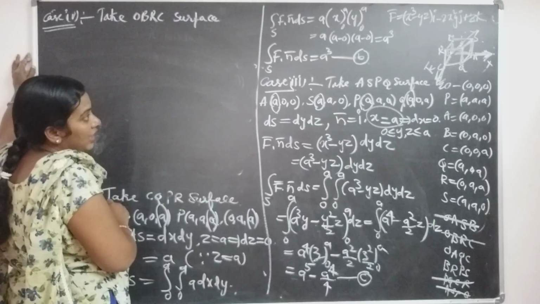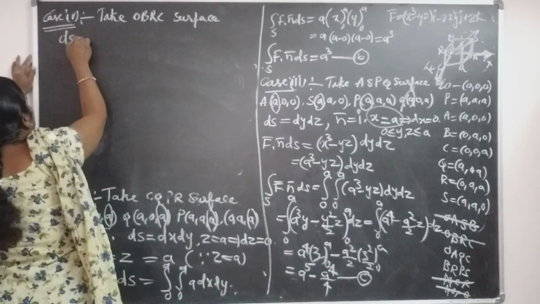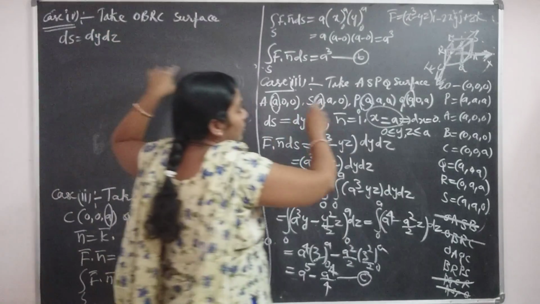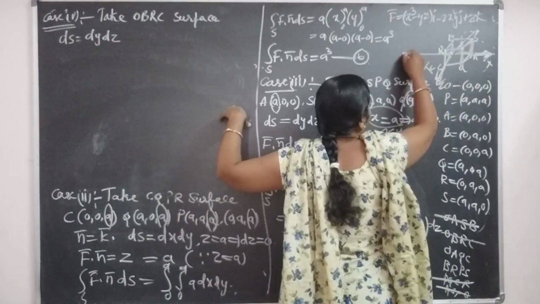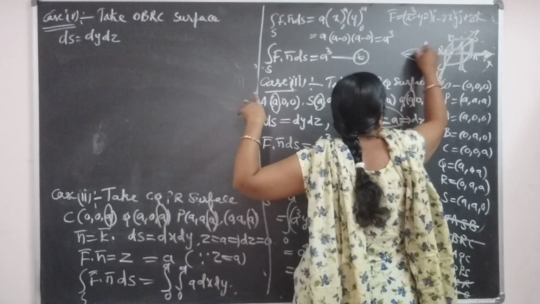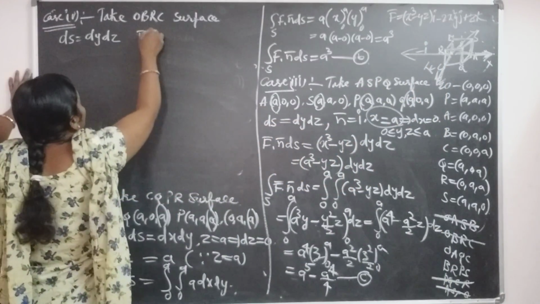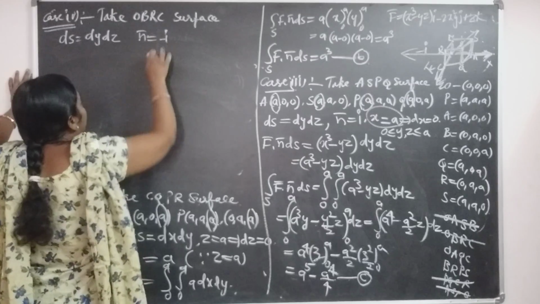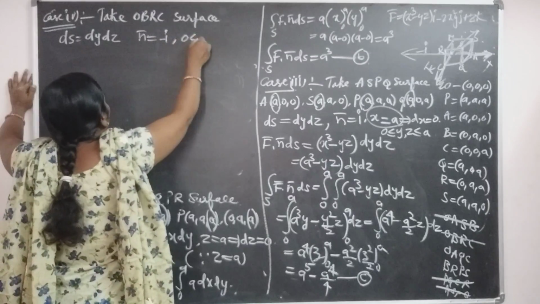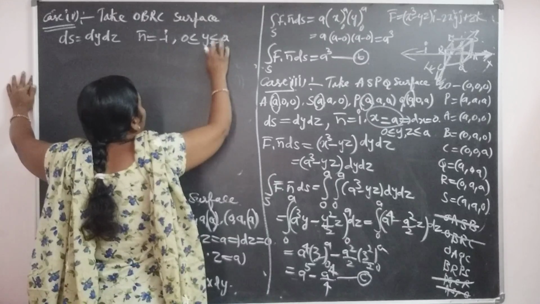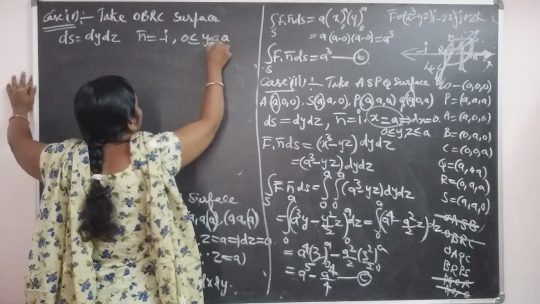Sorry, it is in the YZ plane. Here dS equals dy dz. The outward unit normal vector is along the opposite of the x-axis, so n bar is equal to minus i, and y and z limits are from 0 to a.